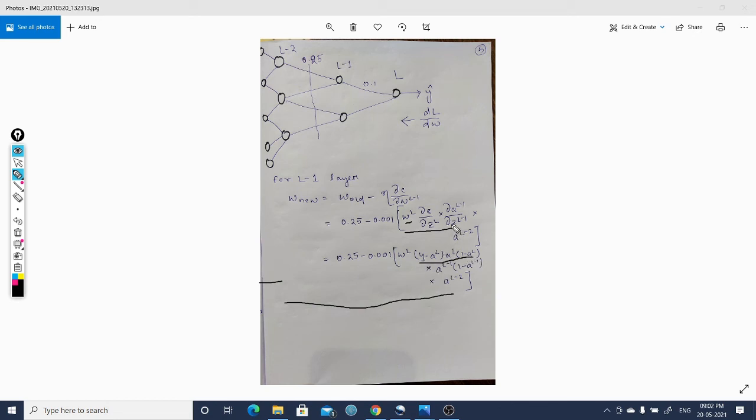Again we need to find dA by dZ. dA by dZ is nothing but the derivative of the activation function. If that particular layer uses the sigmoid function, we need to apply the derivative of that activation function. Again, this one is the output from the L minus 1 layer, so whatever output is coming from this layer, we need to multiply that.